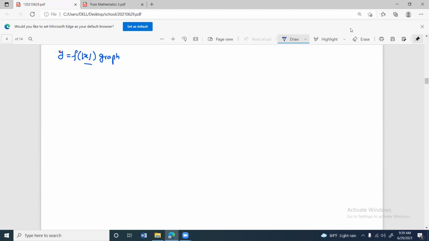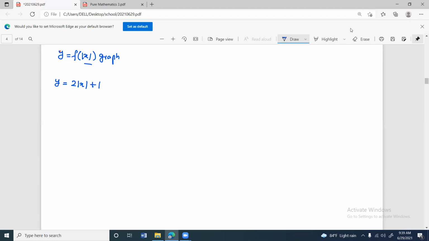Initially, we'll take the graph y equals 2 modulus of x plus 1. The transformation means that for all negative values of x you also get the positive answers. That's what it means, right? This is pretty simple.